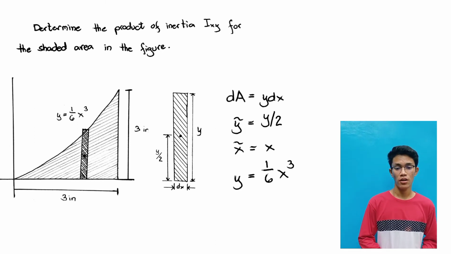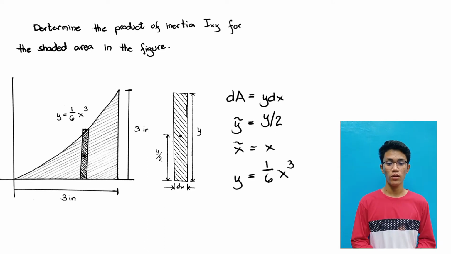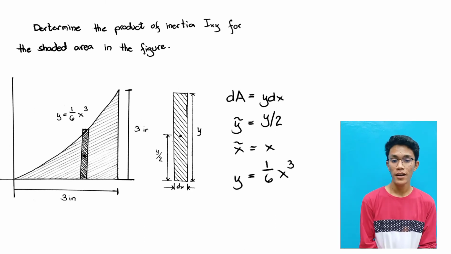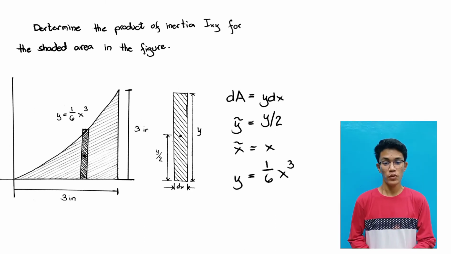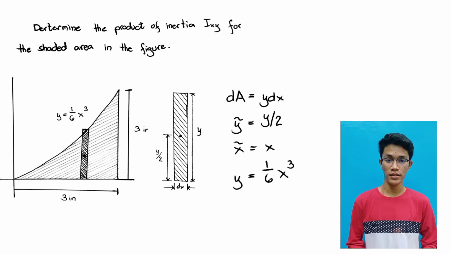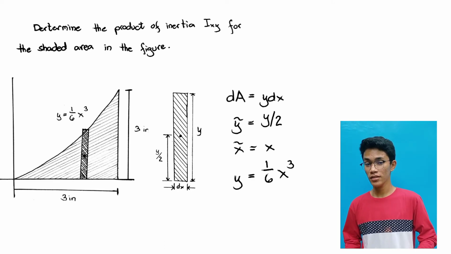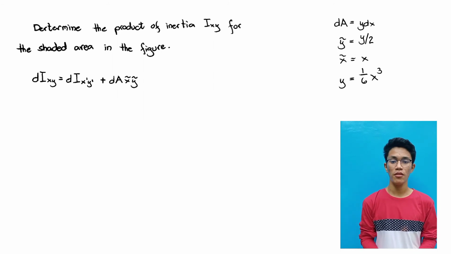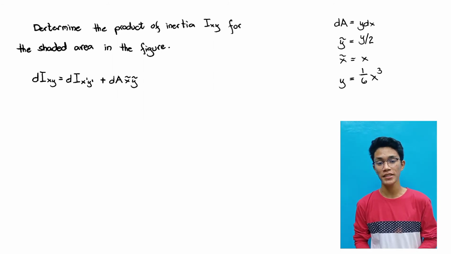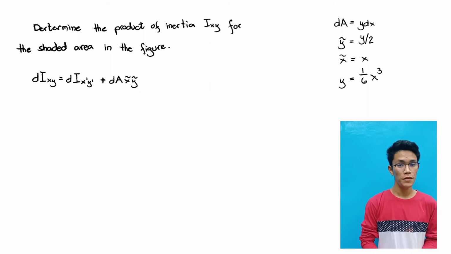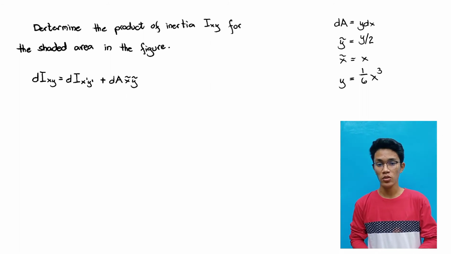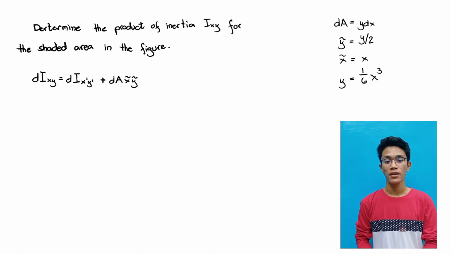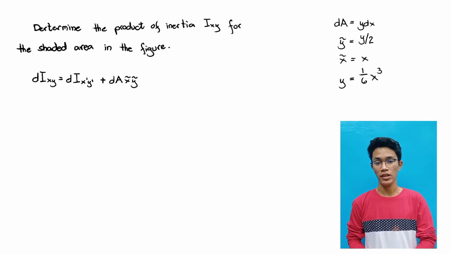Same as in our first problem, x curly is equal to x and y curly is equal to y over 2. The product of inertia of this element with respect to the x and y axes can also be determined using the parallel axis theorem. The differential moment of inertia with respect to x and y is equal to dI with respect to x' and y' plus dA x curly y curly.